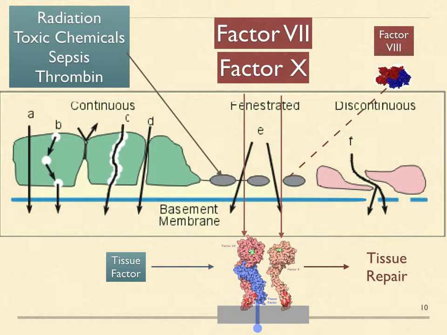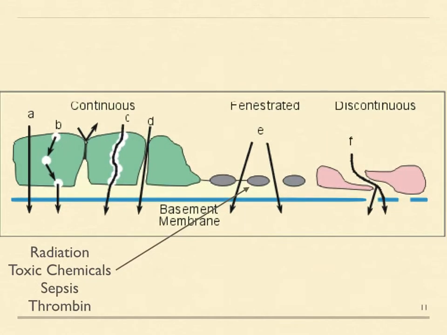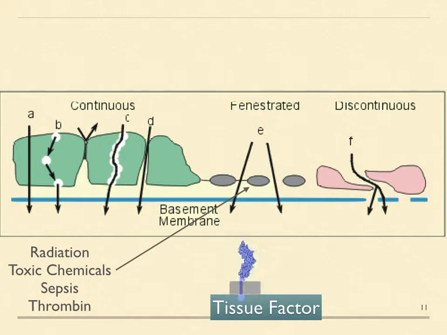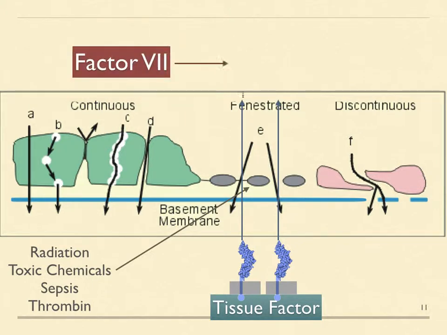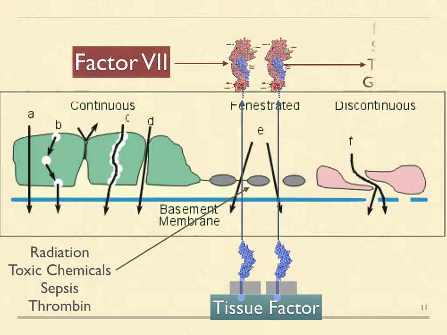Factor VIII cannot penetrate the intact vascular endothelium on account of its gigantic size, which explains why clot formation is absent in these conditions. Radiation, toxic chemicals, and sepsis also increase the leakage of tissue factor into flowing blood, which exaggerates thrombin generation in flowing blood, causing harmful systemic inflammatory effects and positive feedback.